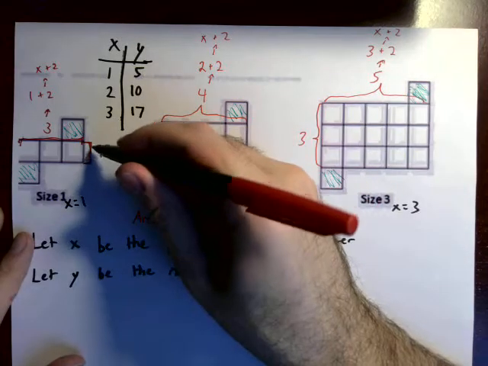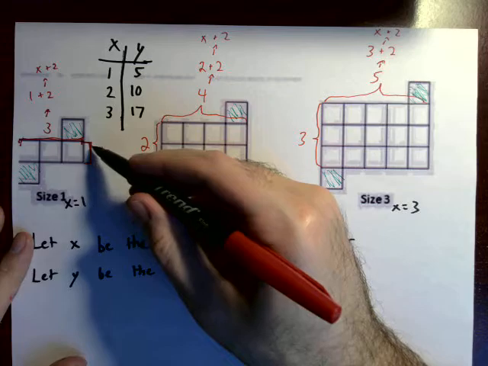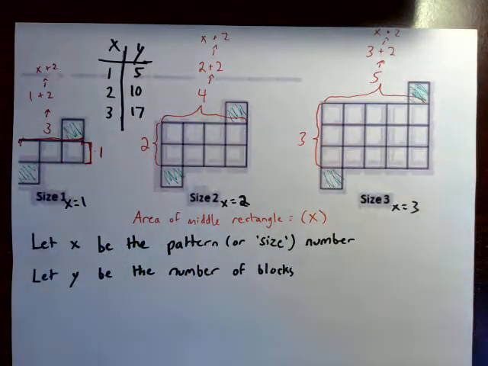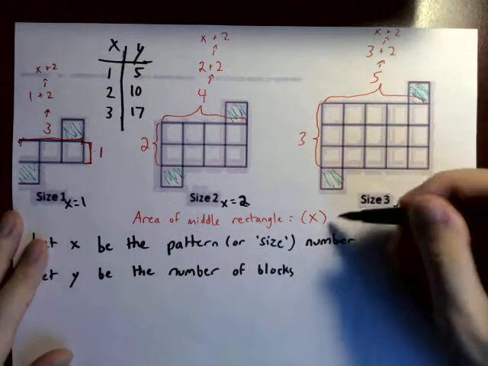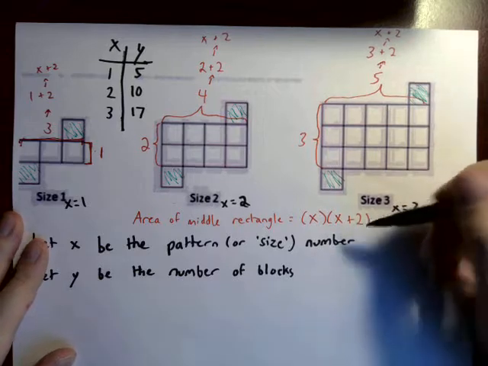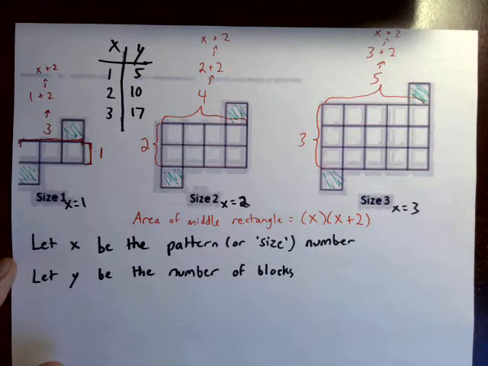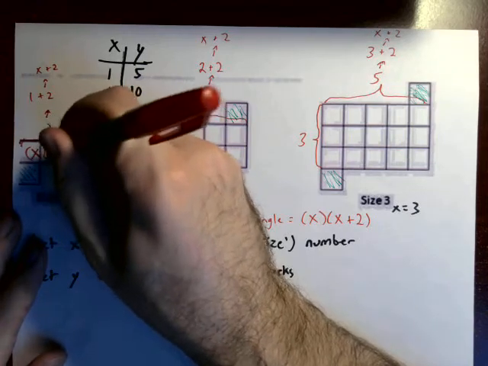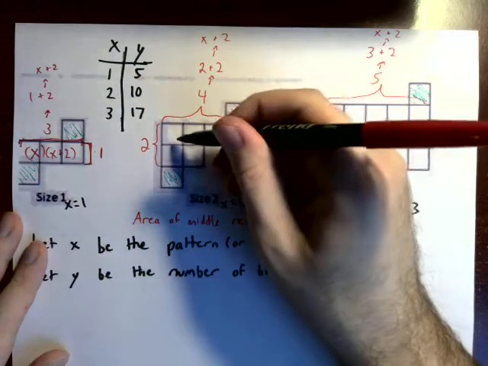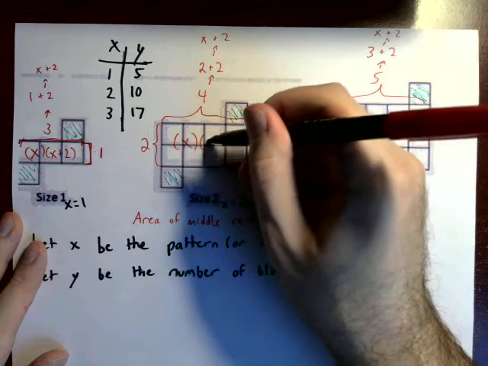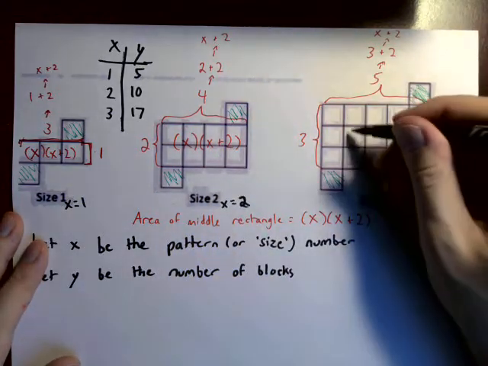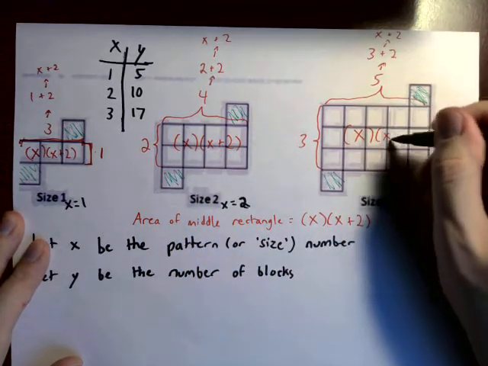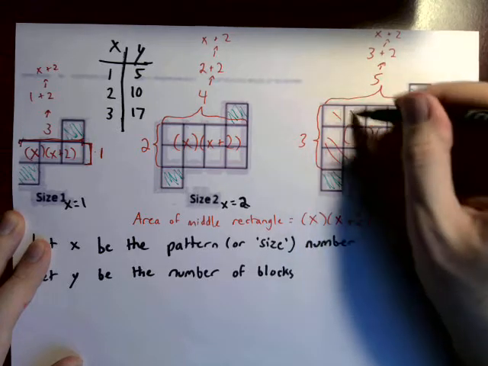So that means that this side length, this part of the rectangle, like the width, that's x. And then the other, in each case, we saw that it was x plus 2. So that means that this middle area, or the area of these rectangles for each pattern, are equal to x times x plus 2.